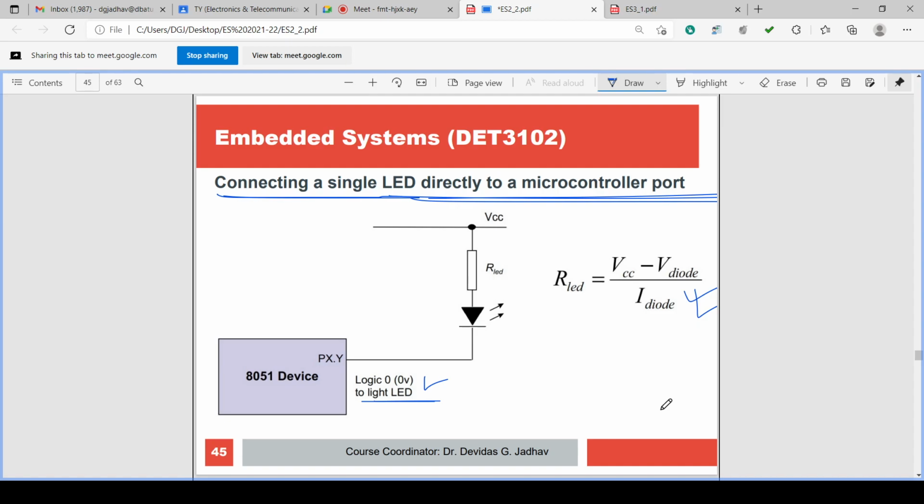So you can take 5 milliampere, 6 milliampere as I diode, or you can take the maximum range. It should not cross the maximum range. By substituting that I diode, you can calculate the resistor. Then that resistor will become the smallest resistor and can give maximum current for conduction. So R LED is calculated.